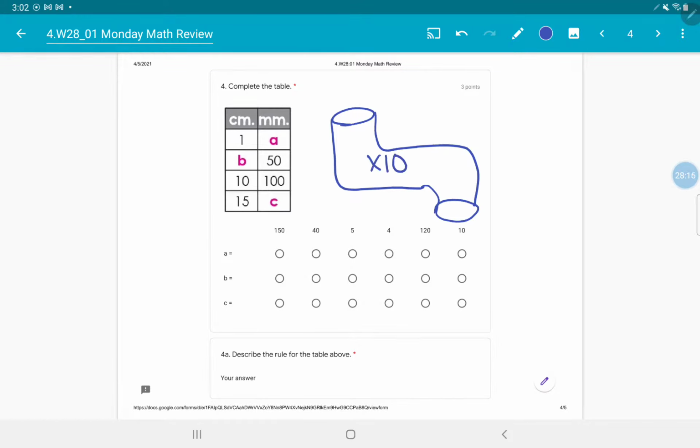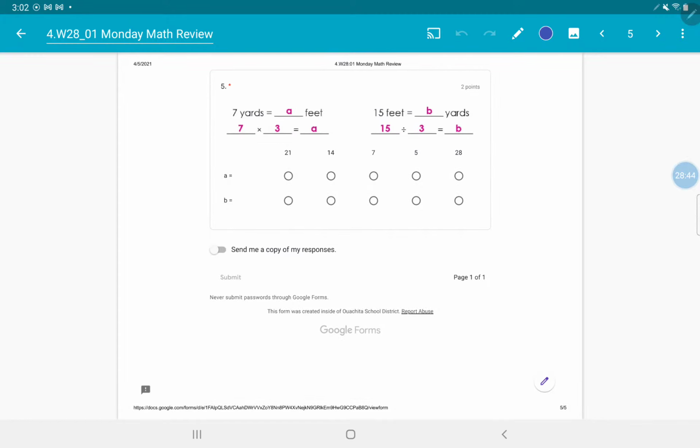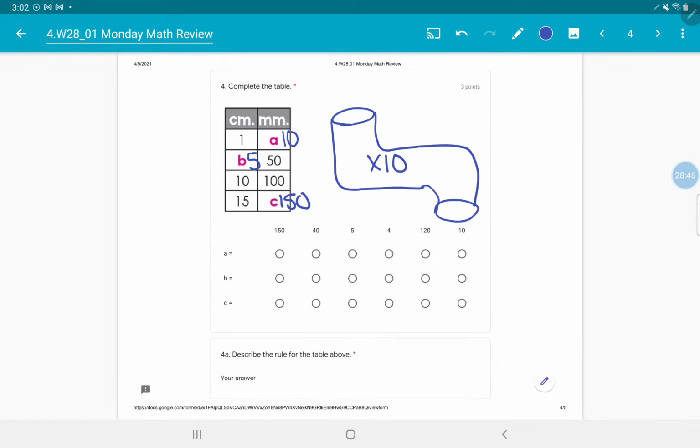Okay, so if I drop in 1 and I do 1 times 10, that would get me what? 10. A is equal to 10. What would I need to drop in so that if I multiply by 10, I would get 50 out, Jace? 5. Okay. Then we already have 10 and 100. If I drop in 15, what would come out? 150. All right, the next question asks you what the rule is for the table above, and that rule is times 10 or multiply by 10.